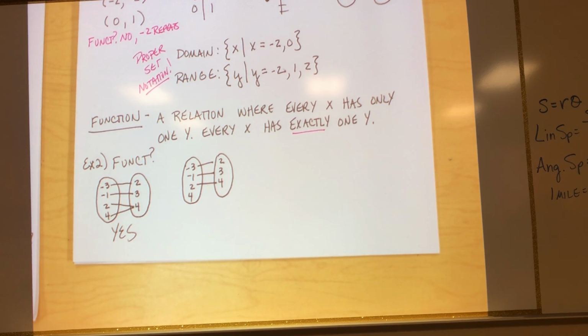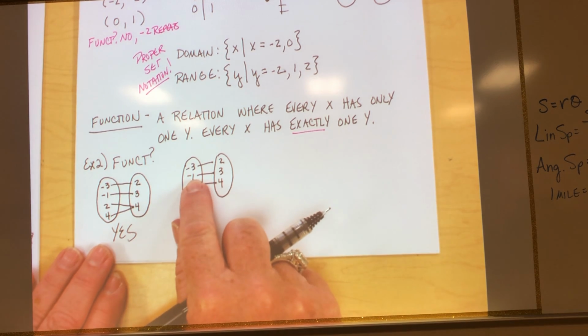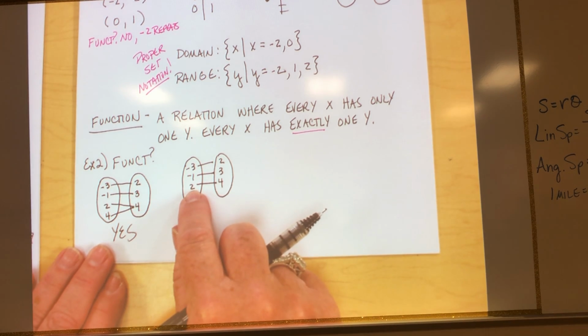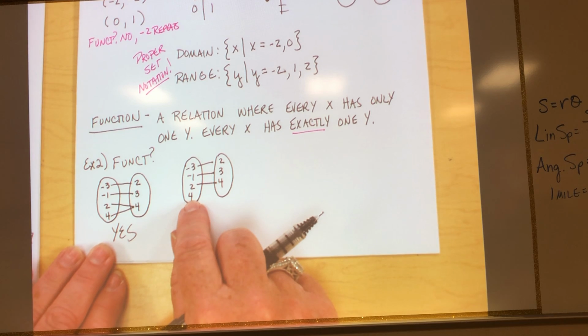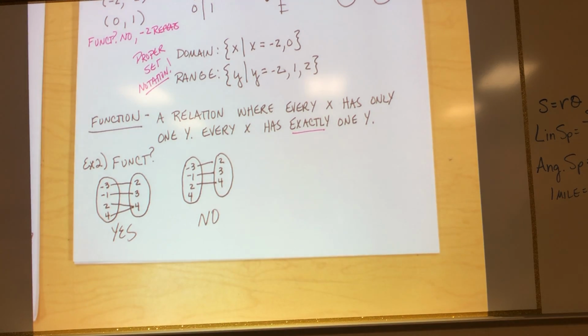What do you say? No. Did it follow the rules? Does this guy have one y? Does this guy have one y? Does this guy have one y? Yes. Does this guy have one y? No. Then it is not a function.